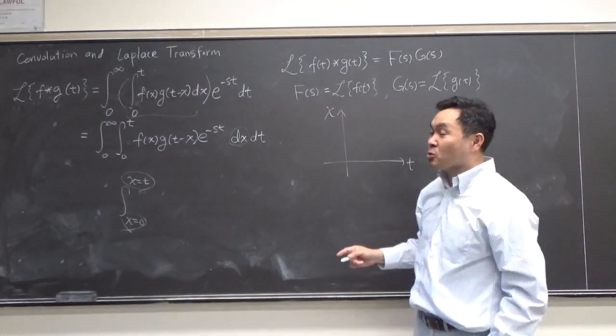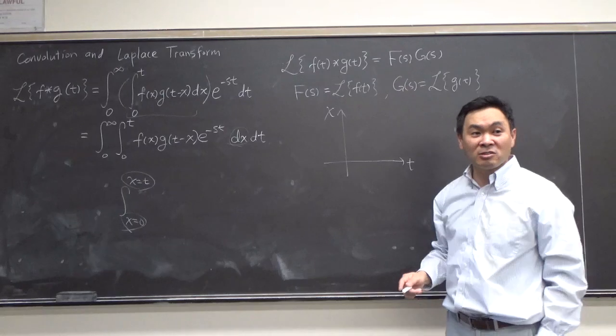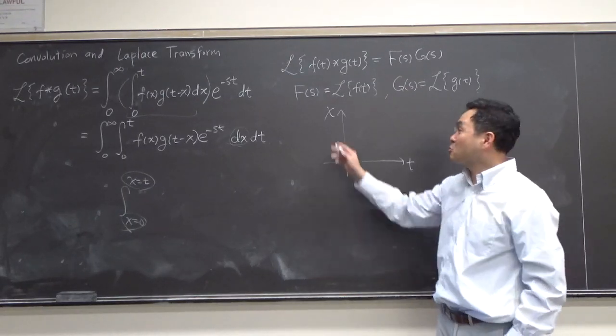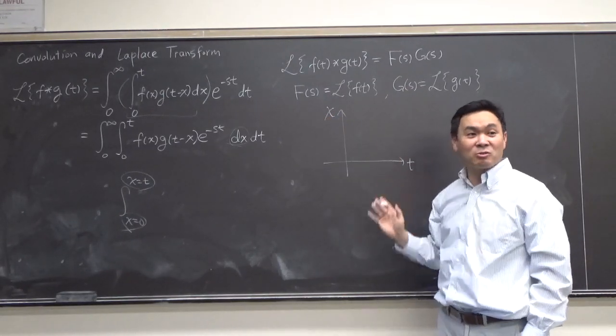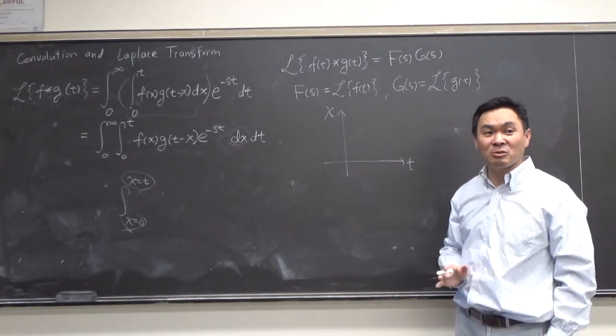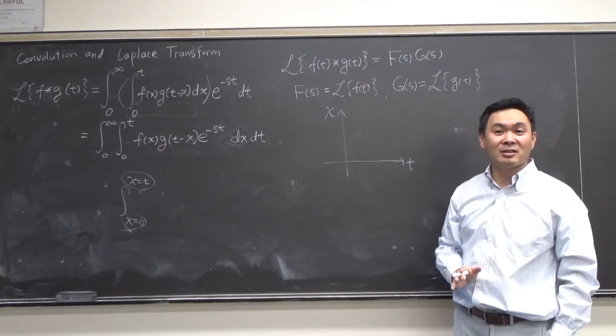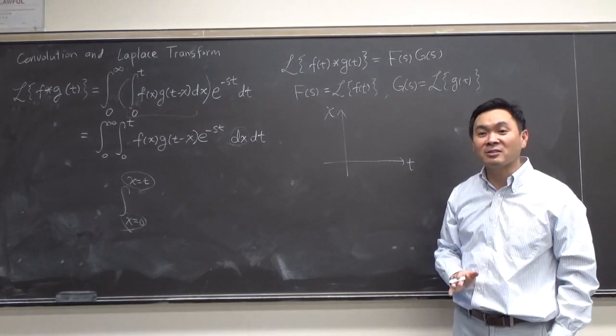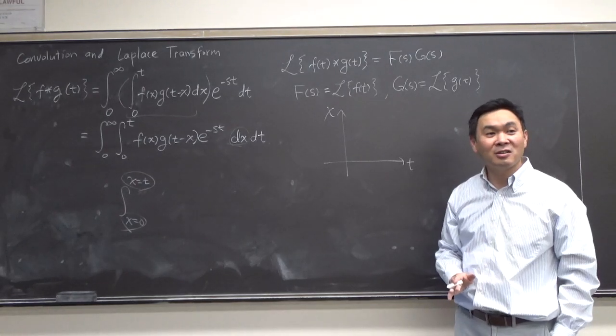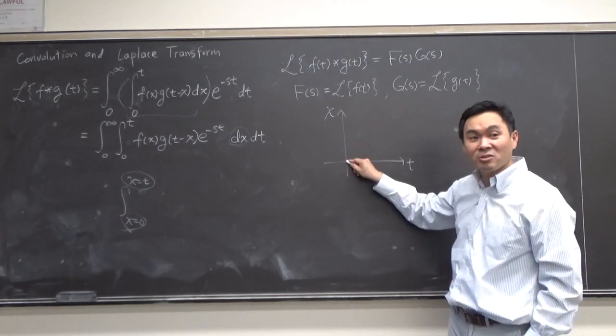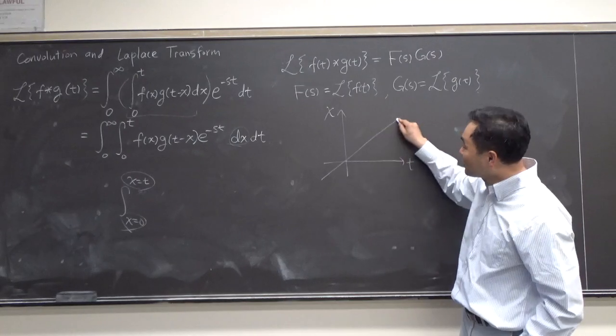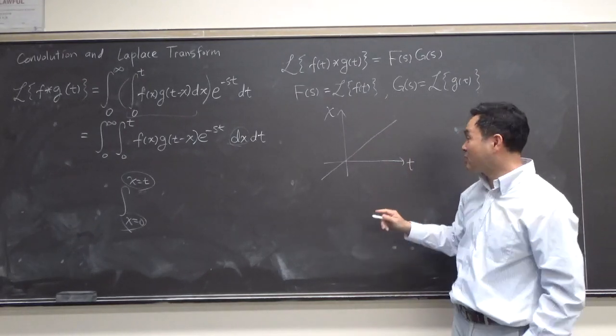So x is a function of t. So x equals t, what kind of graph is that? Just replace x by y and t by x. What kind of graph do you have? A straight line. Which line? Going through the origin. So x equals t is like y equals x, right?